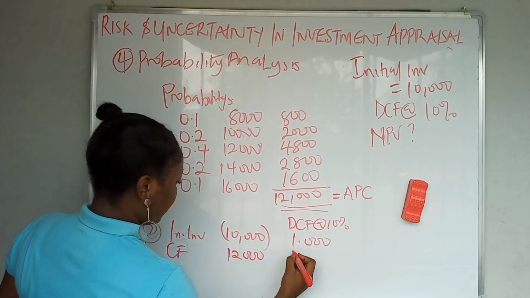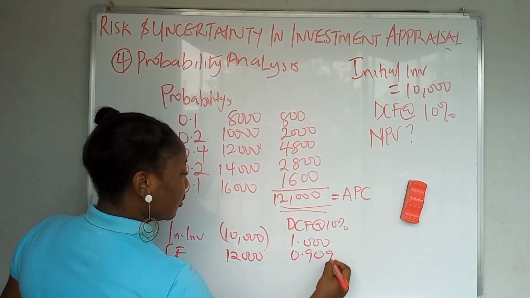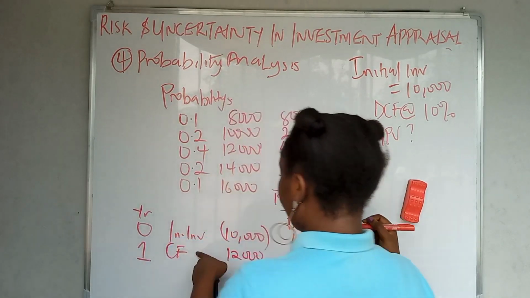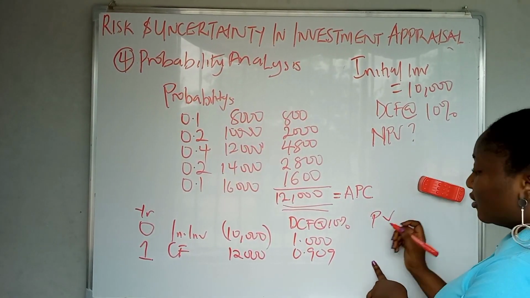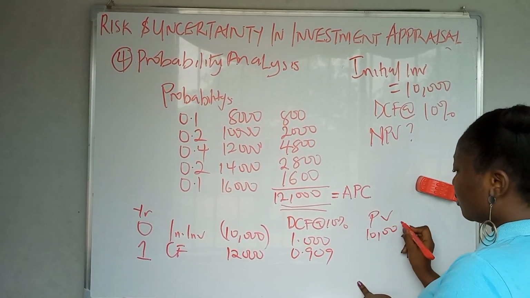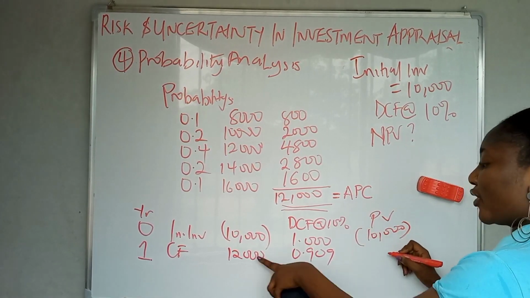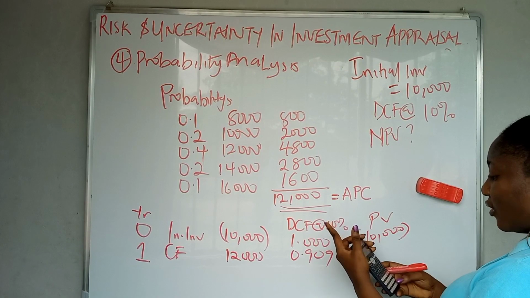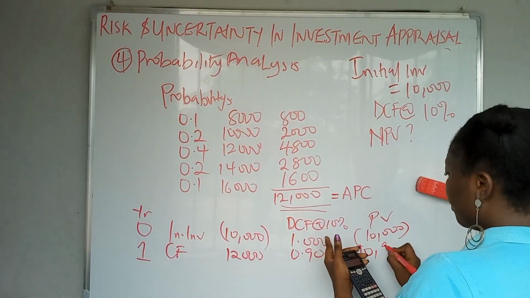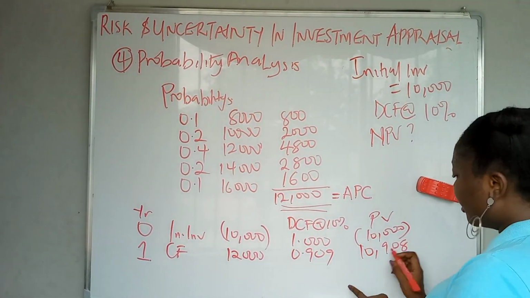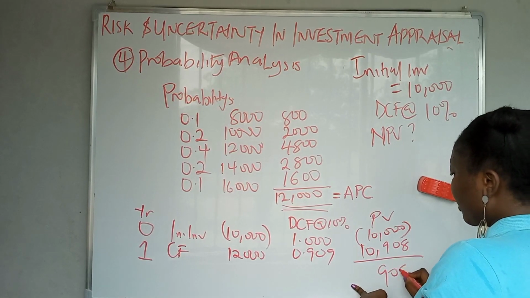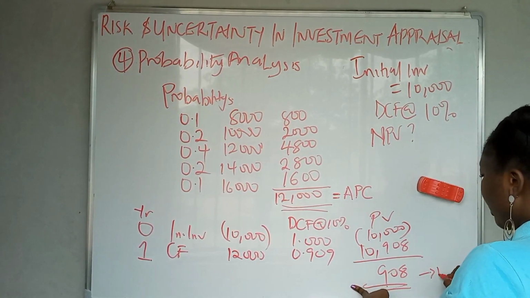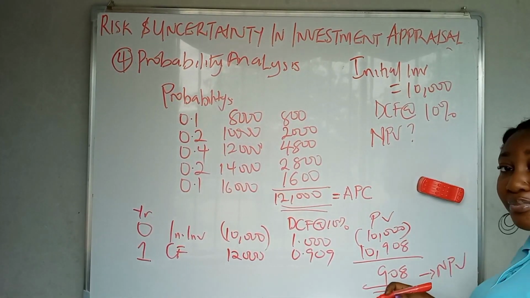For year 1 it will be what? 0.909, right? Then your present values will be negative 10,000 and 0.909 times 12,000. That gives you 10,908, right? When you subtract, you have 908 as your NPV. So you have a positive NPV.